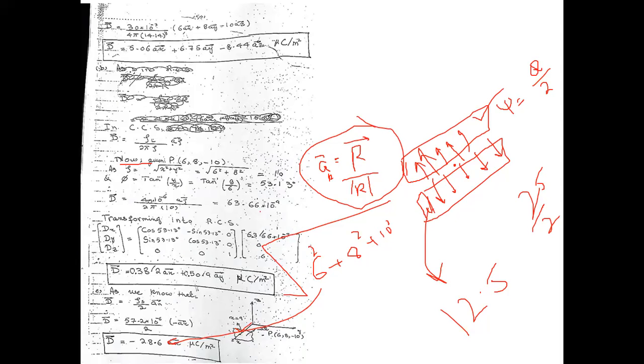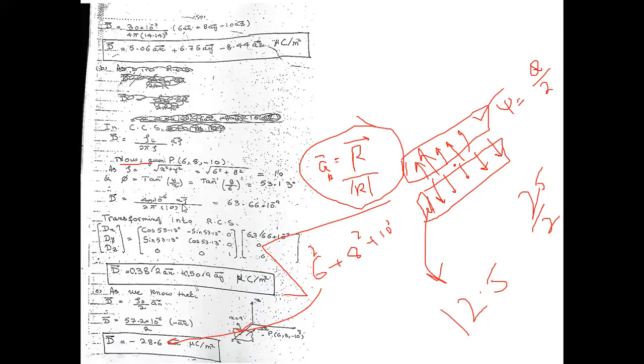Now the given point is 6, 8, minus 10. This is in RCS, so we have to convert this RCS into CCS. So rho will be equal to the square root of x square plus y square. We will get 10 for the rho, and for the phi, tangent inverse y by x, y is 8, x is 6, so we'll get 53.13. And z of RCS is equal to z of CCS, so no need to convert this z.